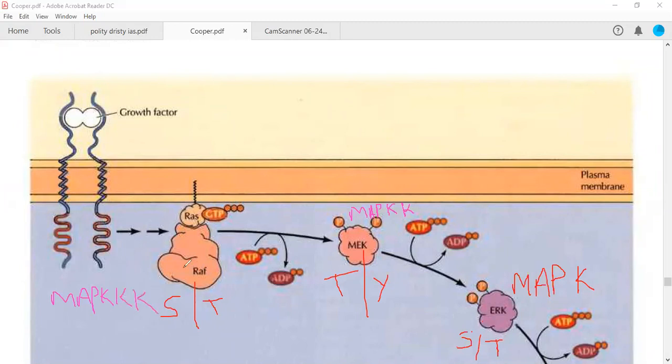So actually, somewhere you will find that RAF is a MAP kinase kinase kinase. God knows how many kinases are early in this pathway, because some of the pathways still need to be elaborated. These arrows are showing there are certain other proteins which we actually do not know.